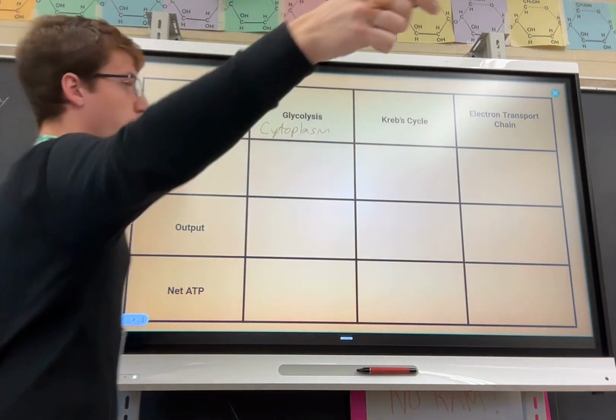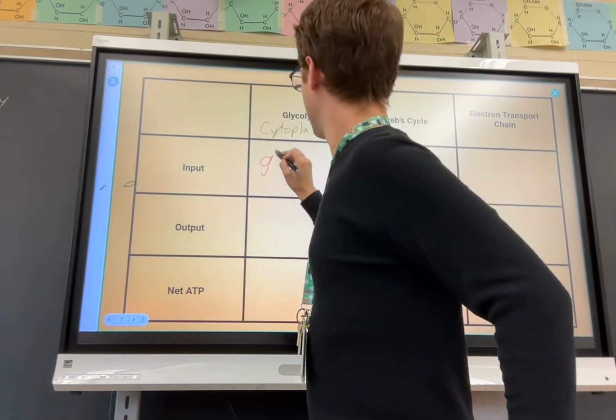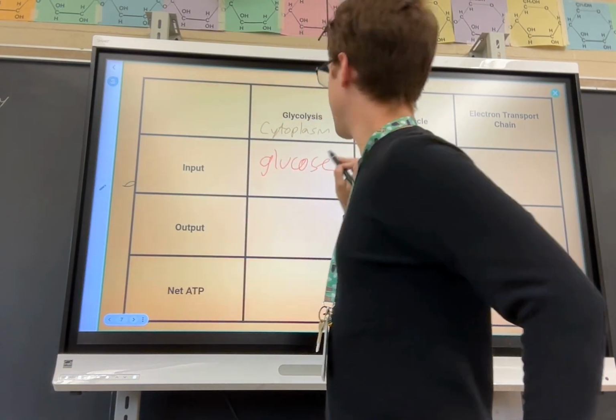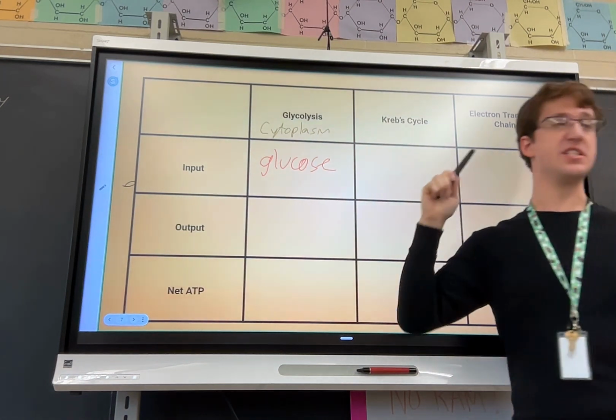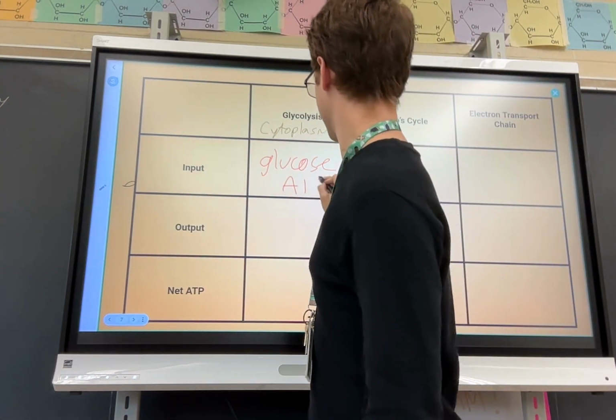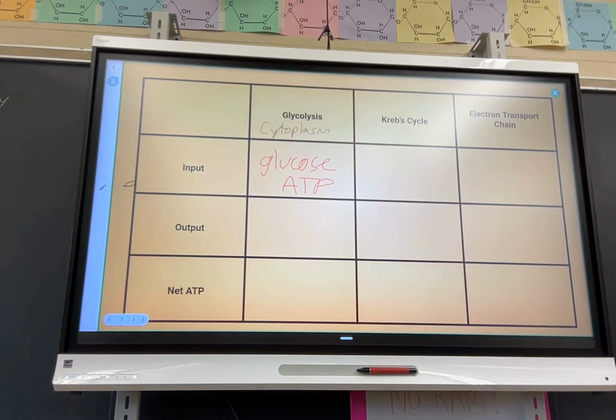Okay. What is the input for glycolysis? Glucose. Thank you. Anything else that we might want to add in here? ATP. Good. What is the output?